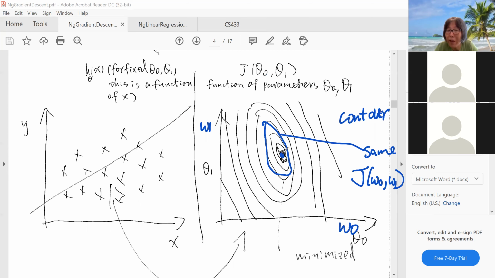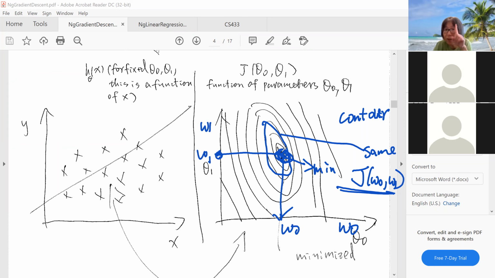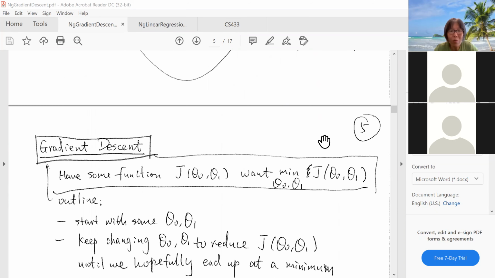The innermost one in this 2D contour diagram is the minimum cost value. Then you can find the corresponding W0 and W1. So that's our goal, to try to find this point. Okay, and then how do we do that?